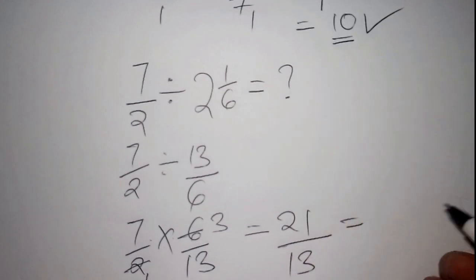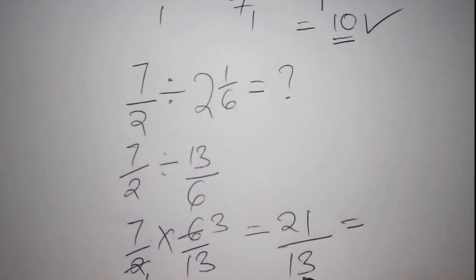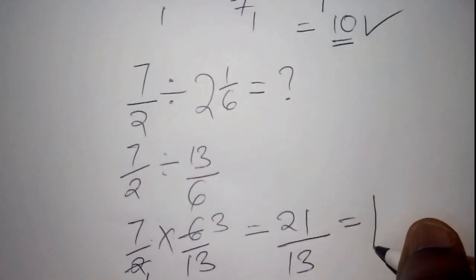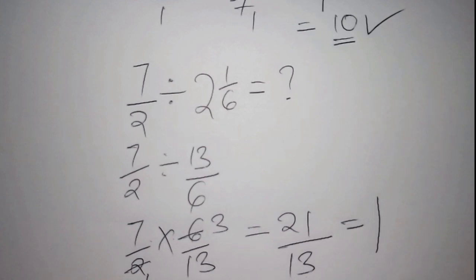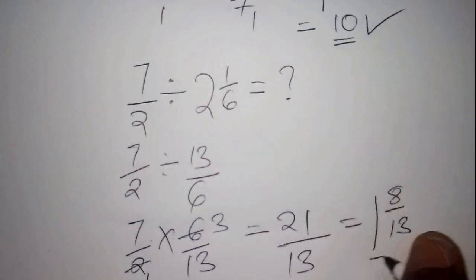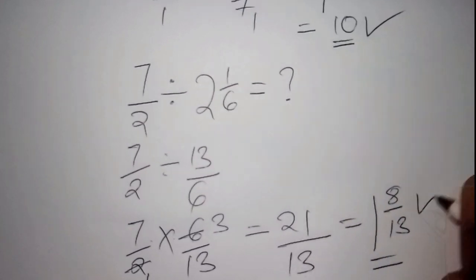We check how many times 13 goes into 21. It goes 1 time. That gives us 13, and 8 is remaining. So we shall have 1 and 8 over 13. That is the correct answer.